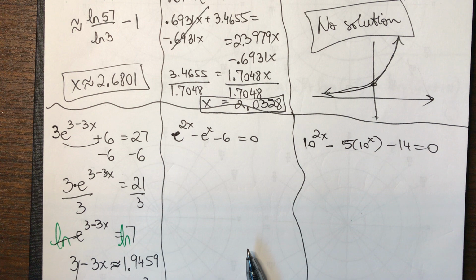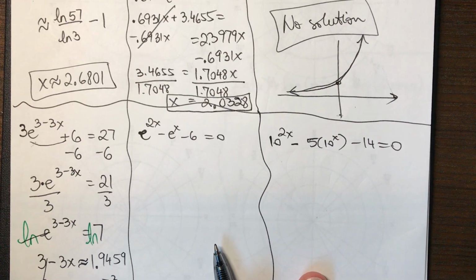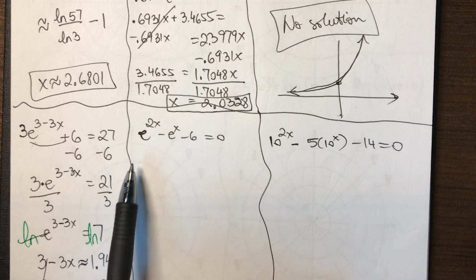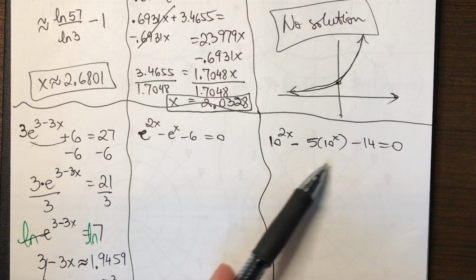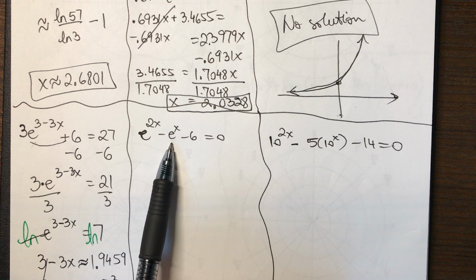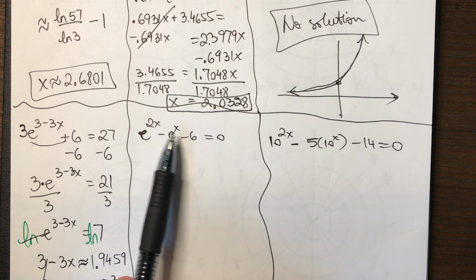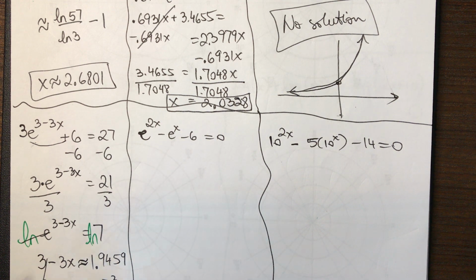That's not true. You cannot distribute a log to a somewhere different, so don't be thinking of that. However, last 2 equations have a specific format. So if you think about it, you see this trinomial, right? And then you see something with the x and then another e to the x. And what you're noticing is that this exponent here is twice as much as the exponent in the middle.